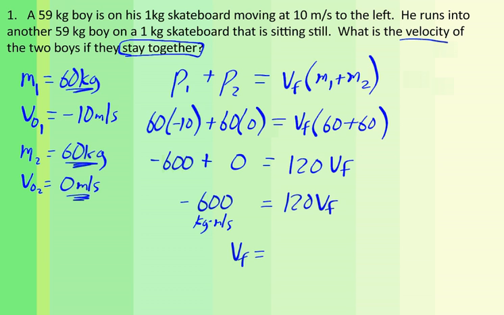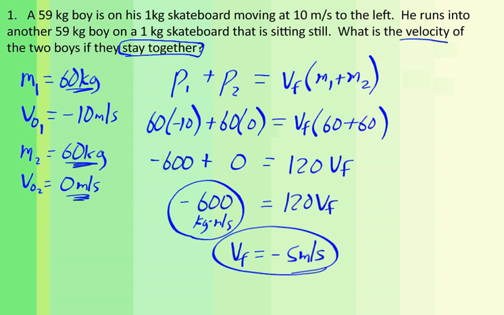So 600 divided by 120 is going to give you negative 5 meters per second. So both kids are now going negative 5 meters per second, but they still have a total momentum of negative 600 if you calculate it out, right? 120 times negative 5 is negative 600 for their momentum.